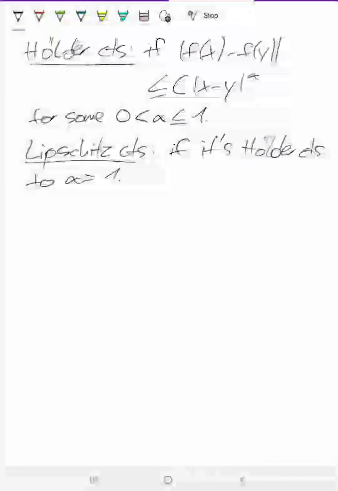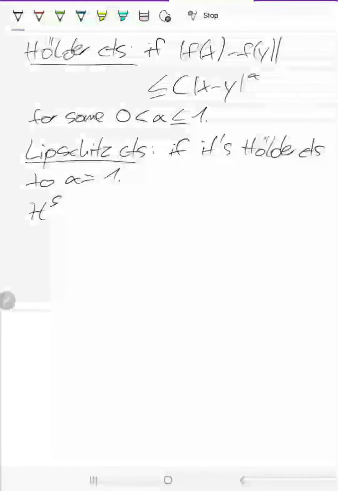So let's recall the definition of the Hausdorff measure.